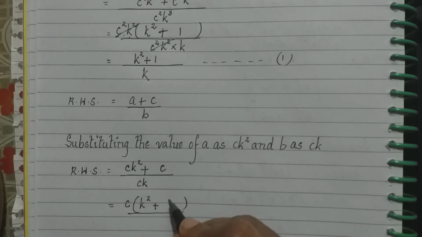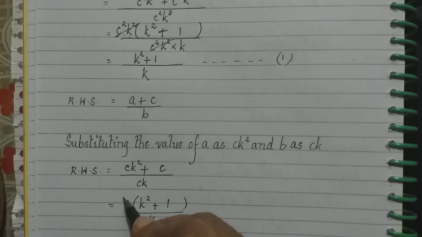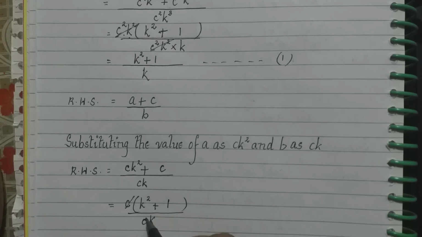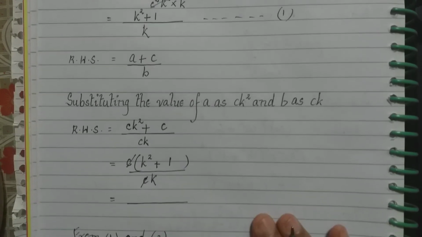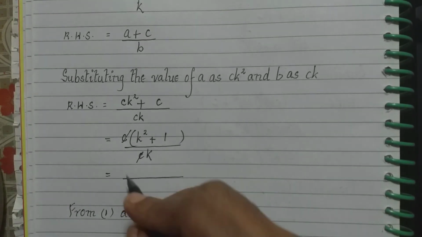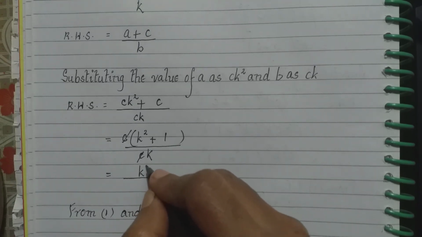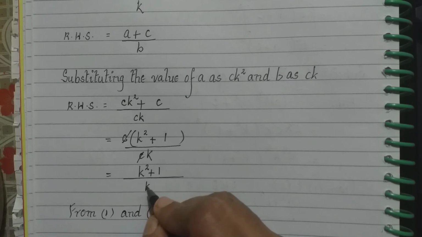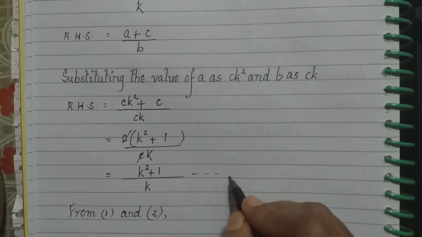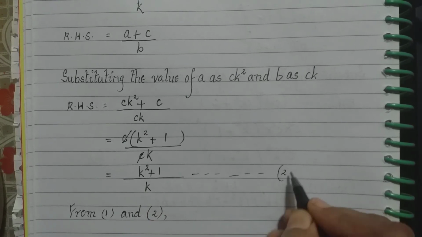So what is left? 1. And here I have ck. Now this c and this c cancel. So what is left now? K square plus 1 upon k. So I write now here k square plus 1 upon k. And number this as 2.